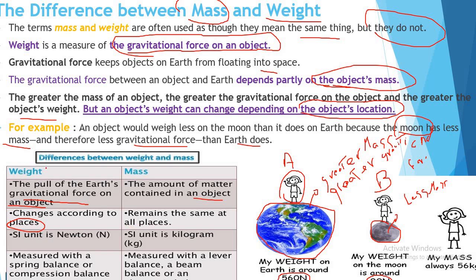The unit used to measure weight is the Newton, but for mass it is the kilogram. Weight is measured using a spring balance or spring scale, but mass is measured using a normal balance, electric balance, lever balance, beam balance, or an electronic balance. Watch this video.